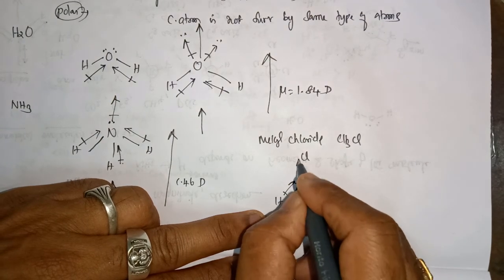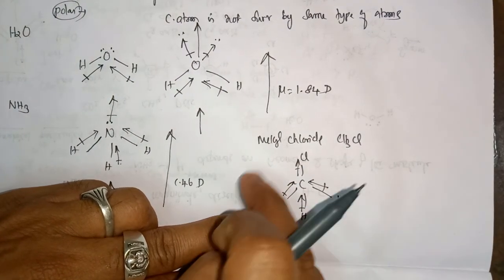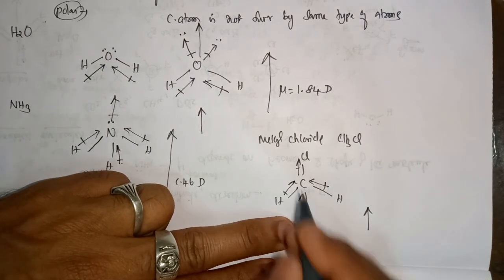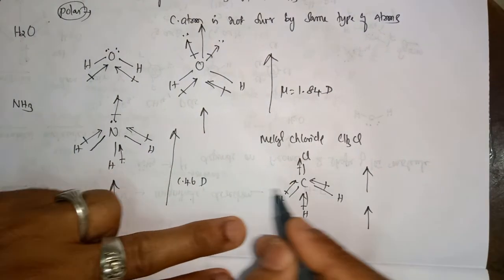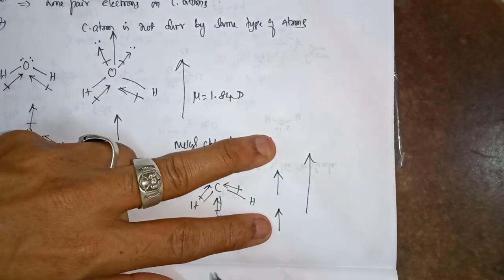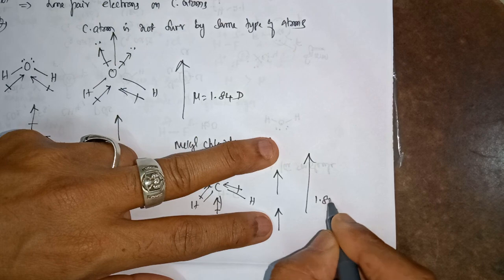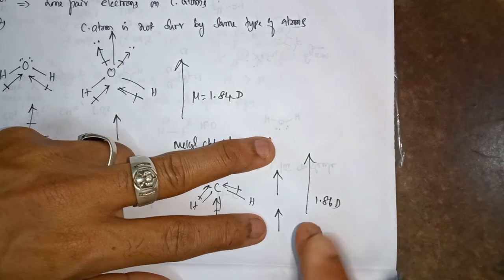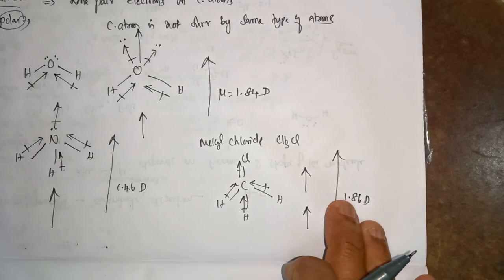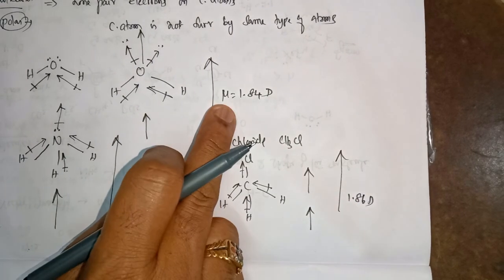Here, this one pulls. The sum of these three vectors gives this direction. This one, this. So the net dipole moment is this. What is the value of this? It comes to 1.86 D. Even methyl chloride has a higher dipole moment value than this.